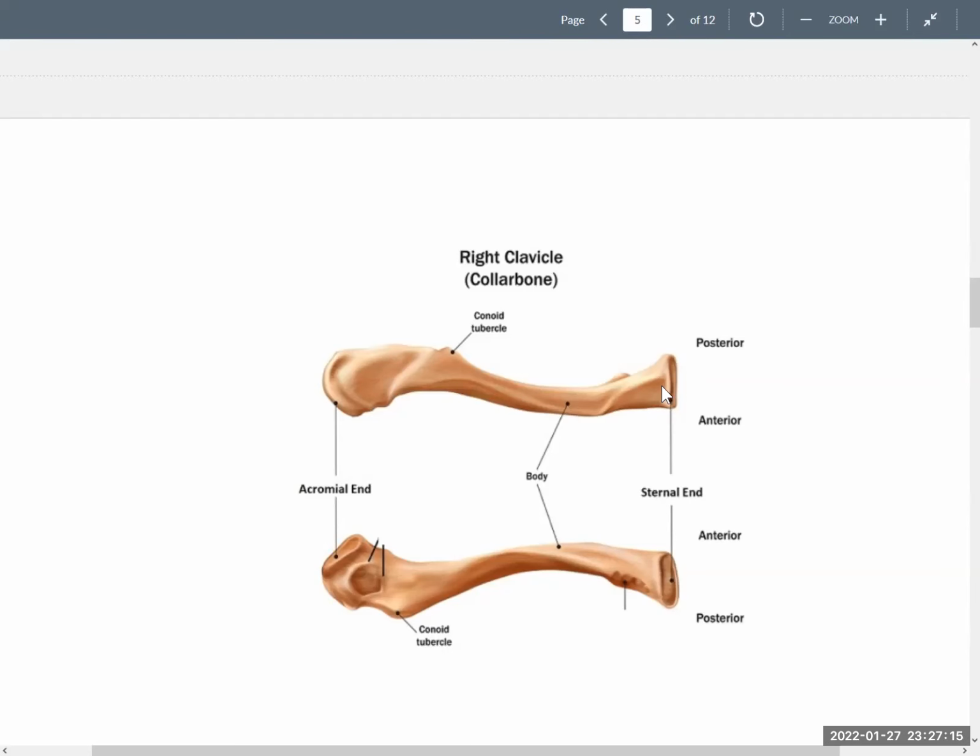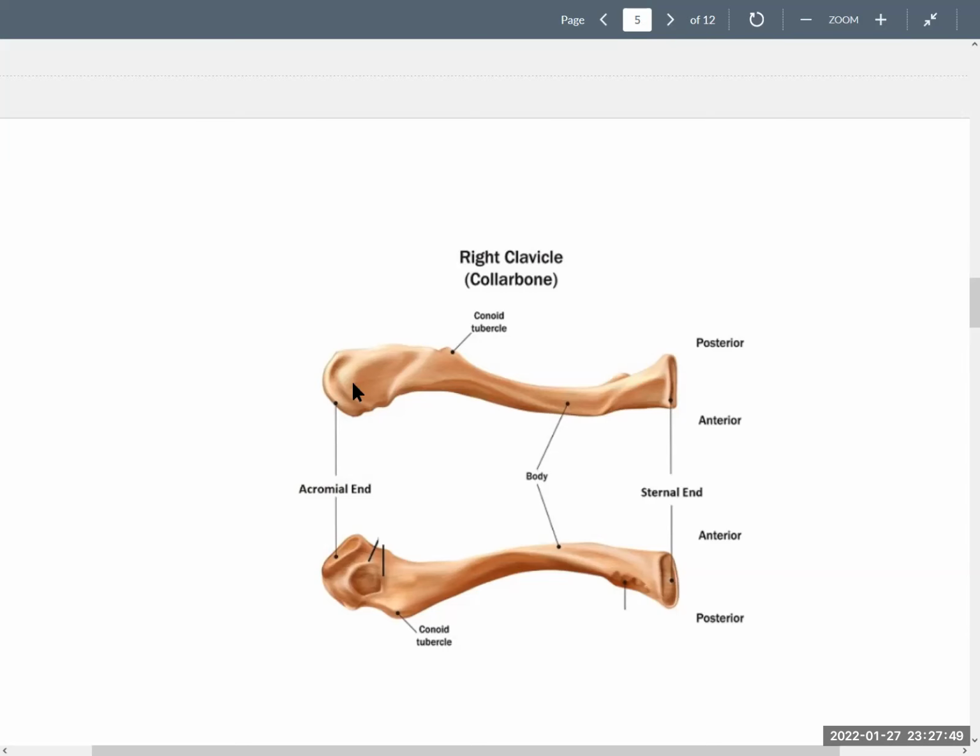And then one more guy right here, a bump. Turn it as in the lower one, and you have that bump. It's the conoid tubercle. The reason it's important, it makes contact with the acromion of the scapula.